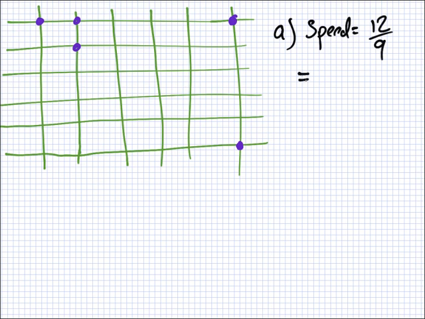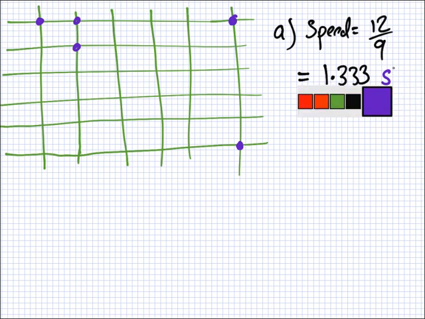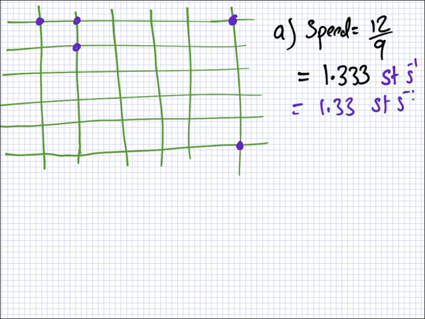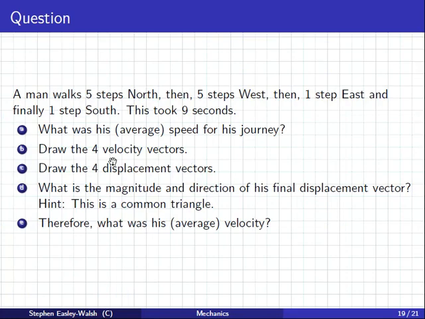So what's that? 1.333 steps per second. So that is 1.33 steps per second. Okay, fine. B. Draw the 4 velocity vectors.